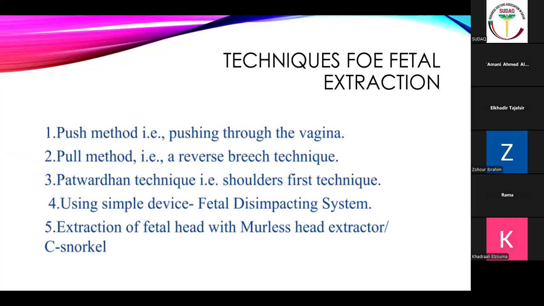In the backward method, this is the shoulder first technique and then the rest of the body, using simple devices like the fetal disimpacting system, the fetal pillow, or extraction of the fetal head with either vacuum extractor or forceps extractor, mainly the forceps of course, one blade of the forceps, which is called the Mirless head extractor forceps.